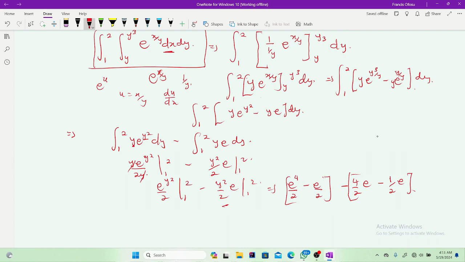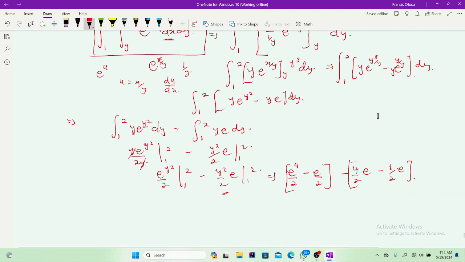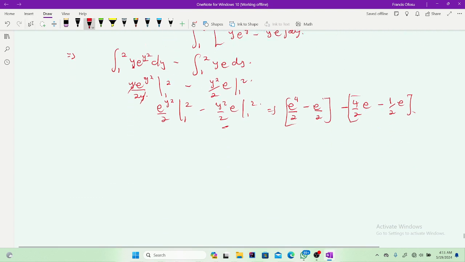So if you have this expression, e to the power 4 over 2 minus e to the power 1 over 2, let me maintain this here and go on to my simplification. Let me maintain e to the power 4 over 2. Now minus e to the power 1 over 2. But here I have 4 over 2 e, so 2e minus half e will be 3 over 2 e, right?